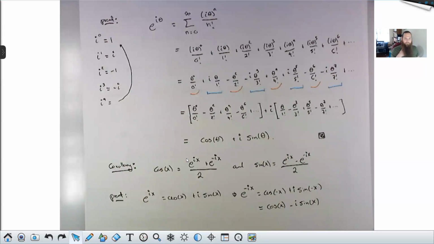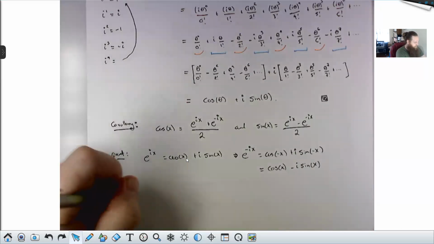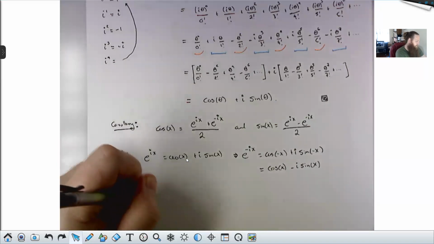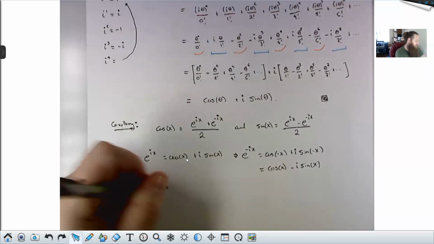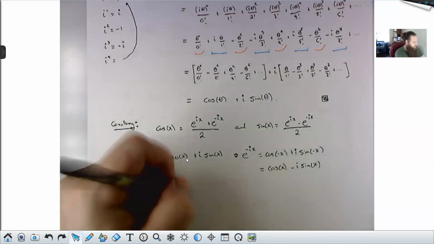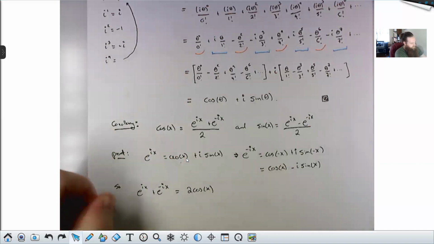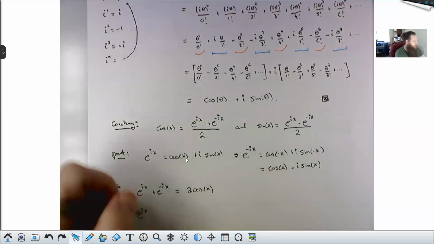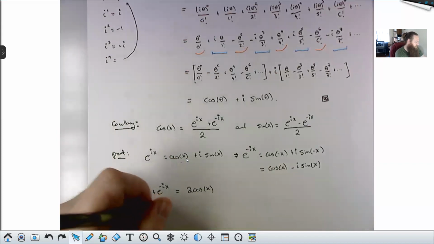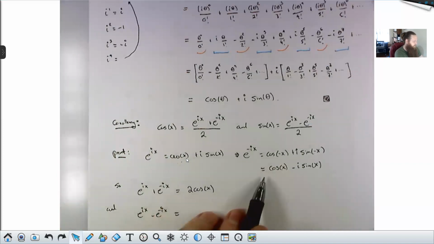Now just add these up. So e to the ix plus e to the negative ix is this whole thing plus this whole thing. It's 2 cos x. If I subtract them, e to the ix minus e to the minus ix, this minus this, the cosines go away, and this time I get 2i sine x.